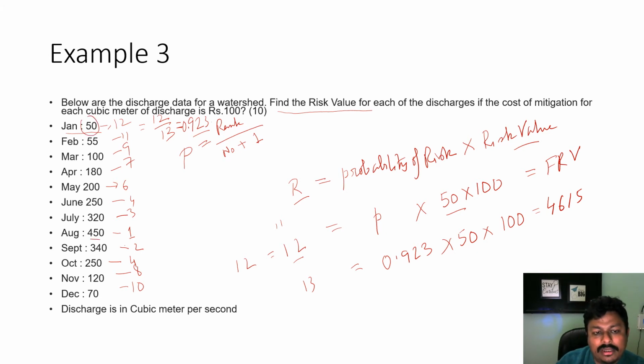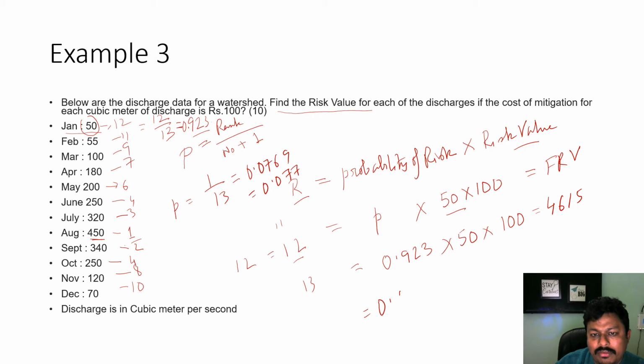But if you calculate the risk value of this highest discharge, which has rank 1, what is its probability? 1 by 13. You see 1 divided by 13 is coming only 0.0769, so you will take 0.077.